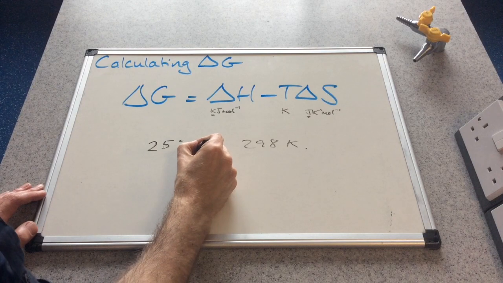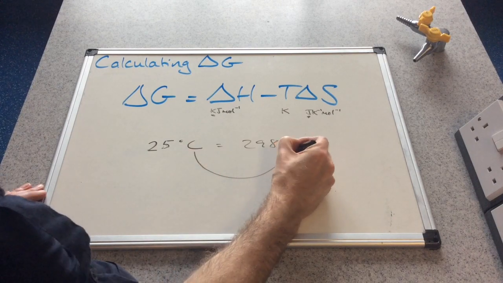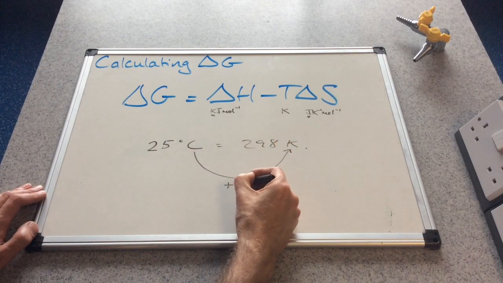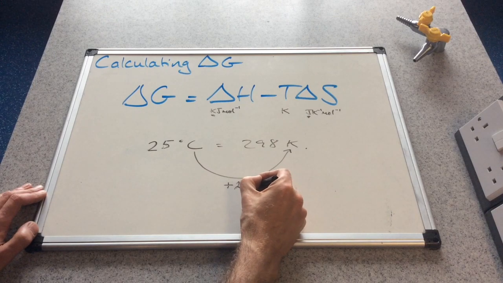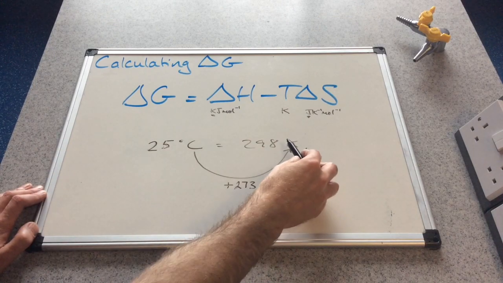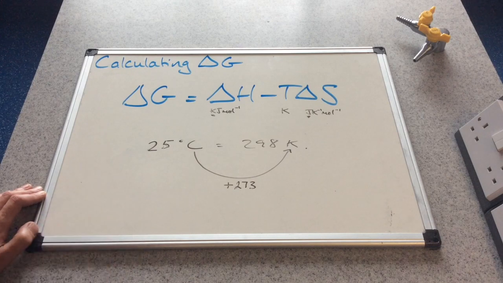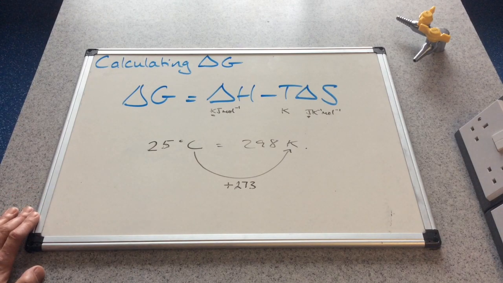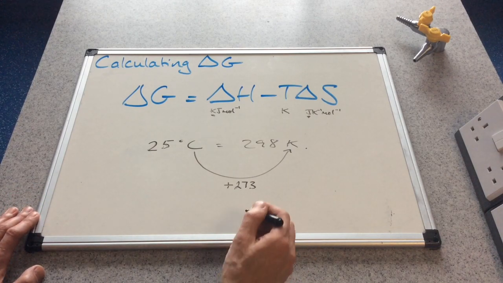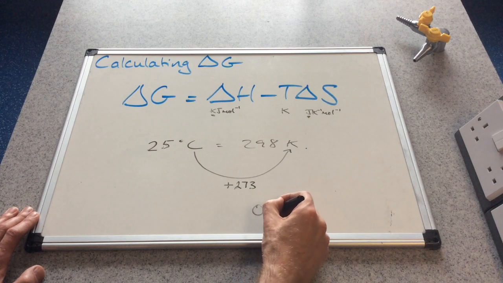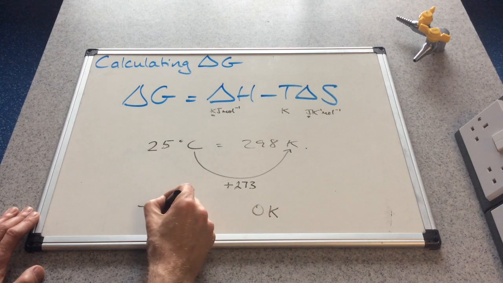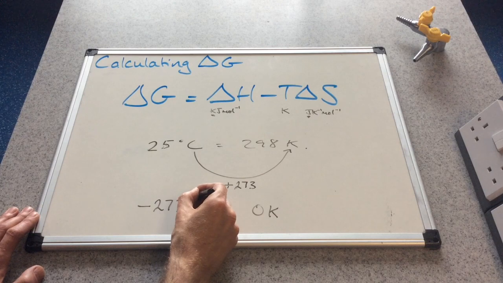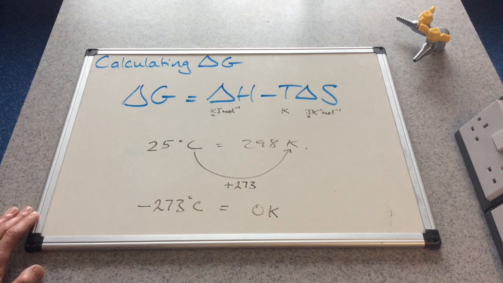So to go from Celsius to Kelvin, we add 273. If we go the other way, Kelvin to Celsius, we subtract 273. That's why absolute zero, 0 Kelvin, is minus 273 degrees Celsius.